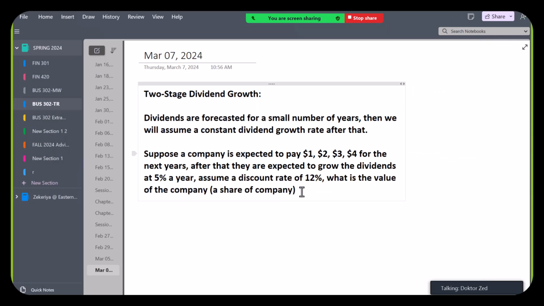Now we're going to approach this in kind of two ways. Assume that cash flow from the company is divided into two parts.